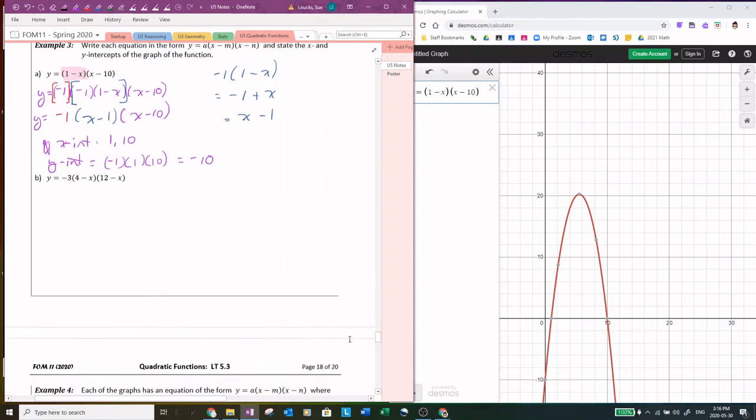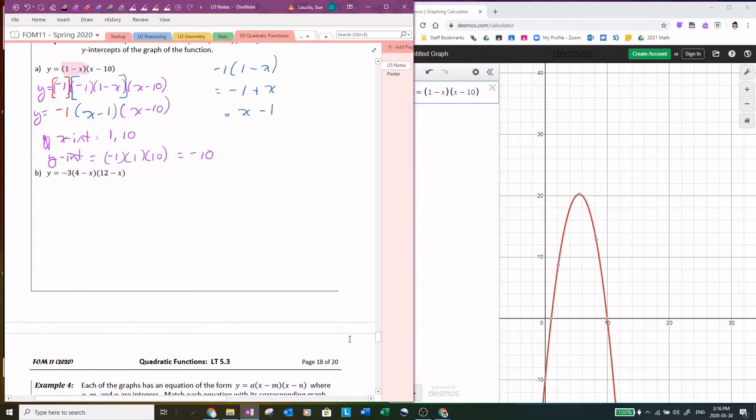Let's do another example. Why don't you pause the video and try this one on your own. Although this one's tricky, you need to change both of them, because both of these factors have a number minus the variable, minus x, instead of it being the other way around.